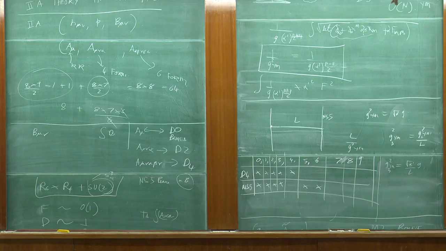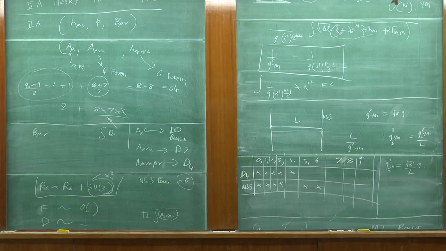Some finite value, so that we can study field theory at finite coupling. We can do that in many ways. But one way would be to take alpha prime to 0 and to take L to 0 with their ratio fixed.